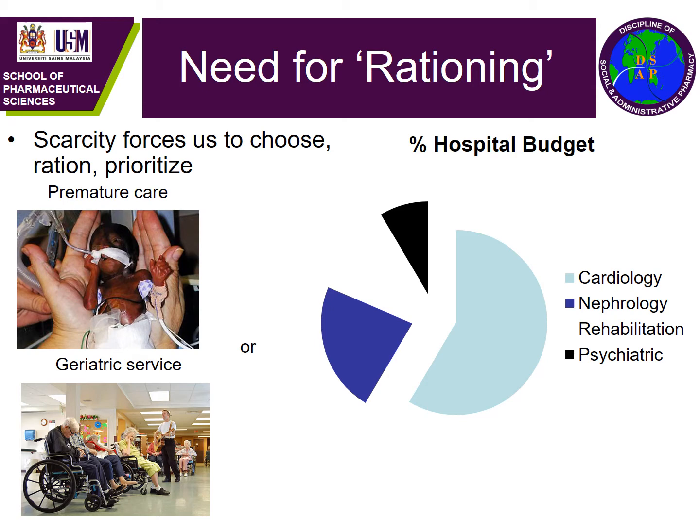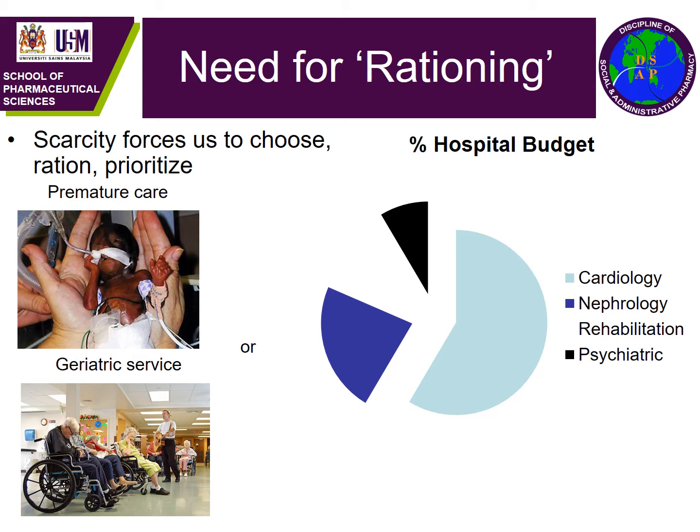budget. So a hospital budget is like a cake. If you want to give a larger slice to another, for example, we want to give a larger slice to cardiology, it also means a smaller slice to another. And often, this will result in us making a difficult choice, maybe sacrificing premature care or sacrificing geriatric service in order for us to increase budget for another clinical service.